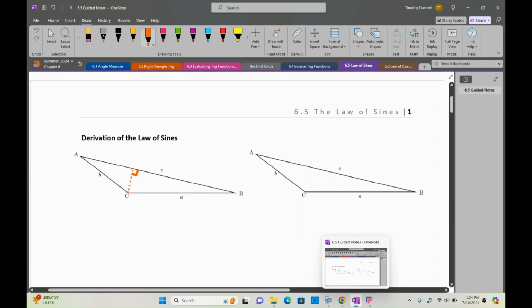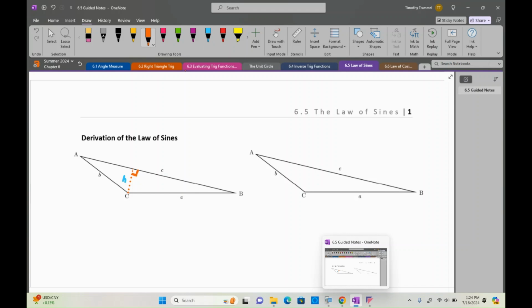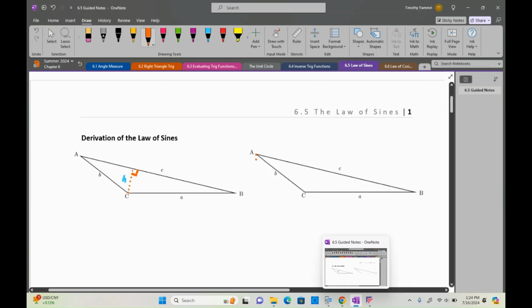And let's go ahead and label this side as H. And I'm going to have us do the same thing with the other triangle. I'm going to find a spot where we can make a 90-degree angle. And that's going to be from this point A down to the horizontal. And we're going to call the height of this one H prime.